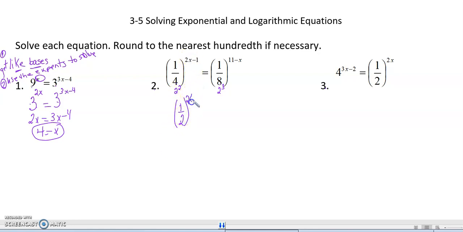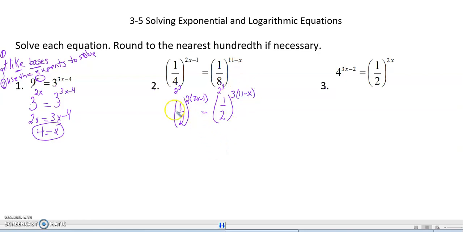And you see I still have an exponent on the top, so we want to just keep that exponent. Alright, I'm going to change this 1 over 8 to 1 over 2 cubed, because 2 cubed is 8. And then I'm going to keep the rest of that exponent.